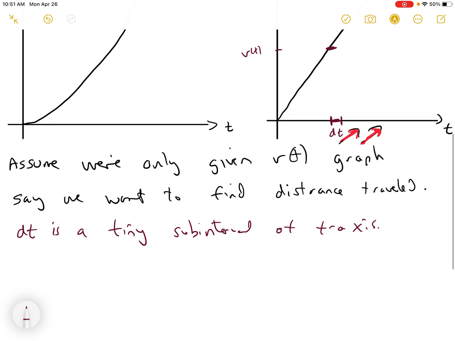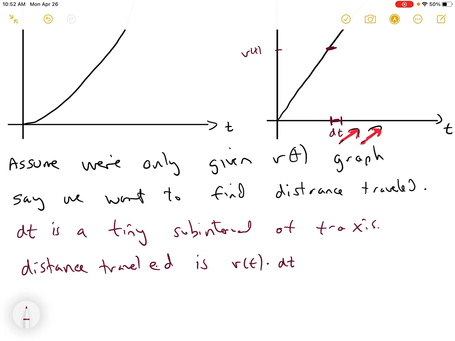So I want to make sure I get this right. Remember, distance traveled by an object is its speed, which is v(t), times the time.